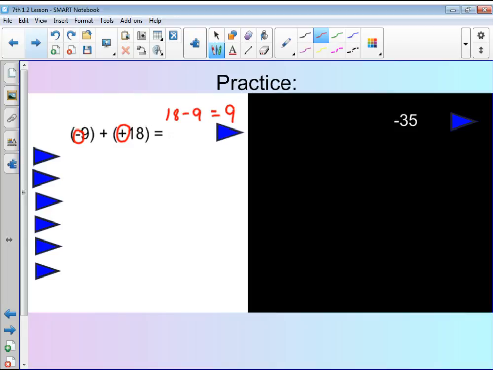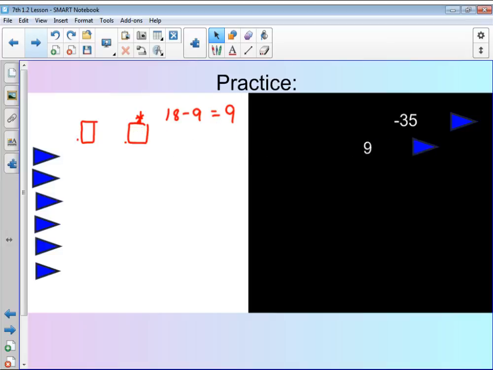Different symbols, find the difference, apply the larger sign. So now I have to look here, which is larger, 18 or 9? Well, 18 is bigger, and we're not paying attention to these symbols in front right now, but just the digit. So 18 is bigger, it had a positive in front of it, so we should have gotten positive 9, and we did. Okay?